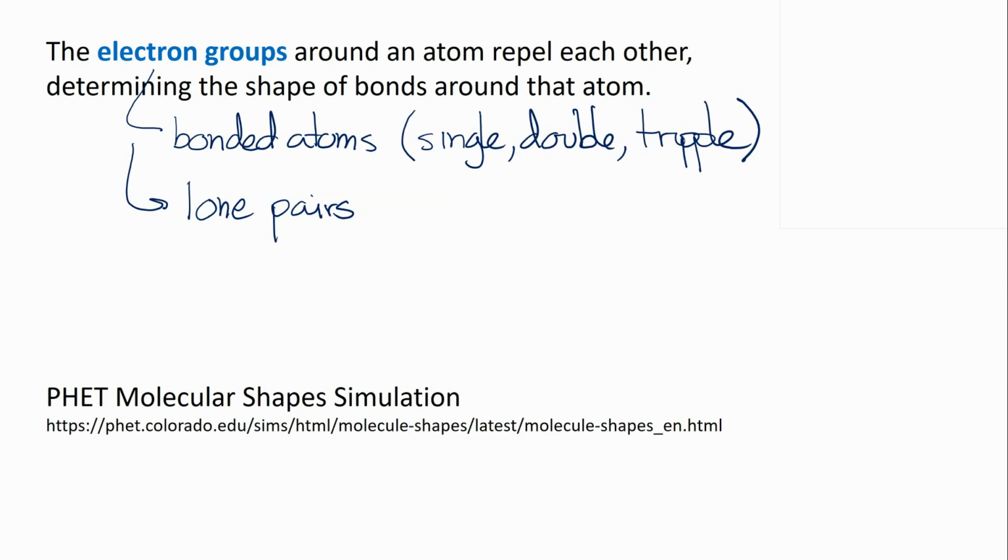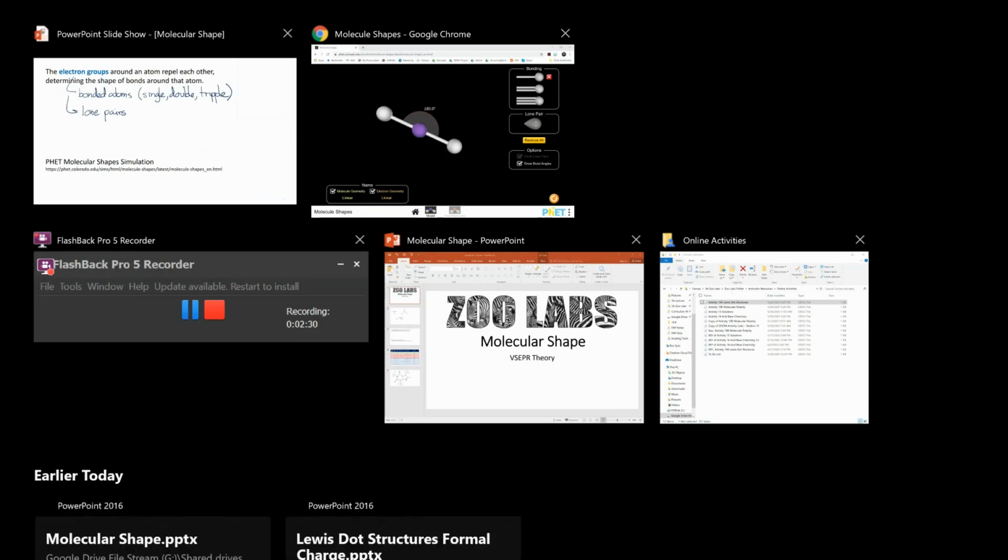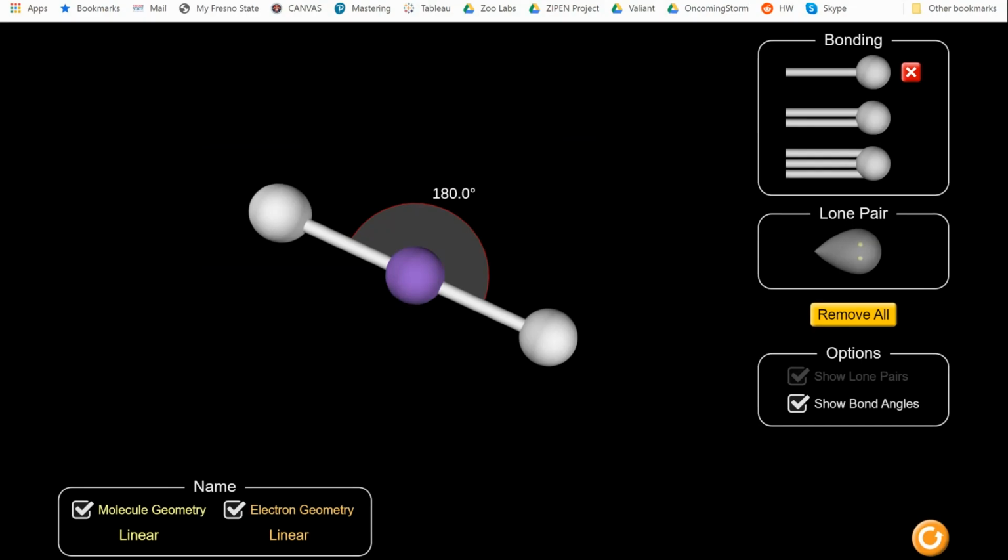To look at what this looks like, I'm going to use the PhET molecular shape simulation. If you just Google that simulation, you'll come up with the link I've typed in there. In this simulation, it's basically letting us manipulate and look at bonded atoms.